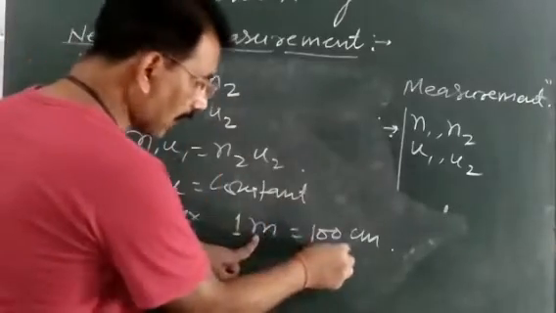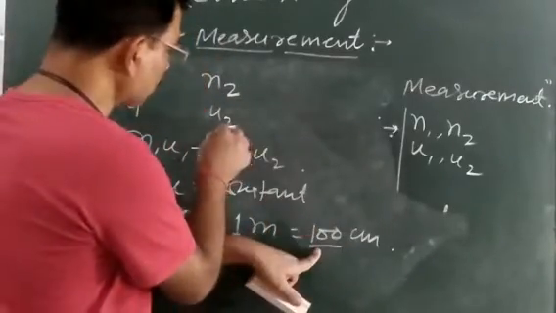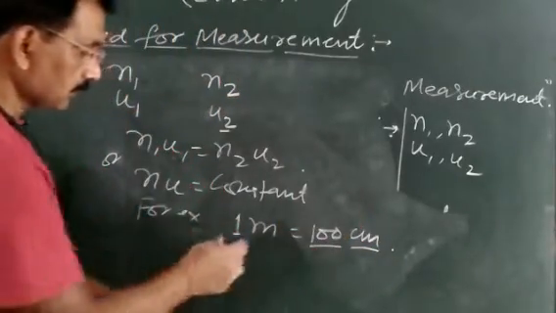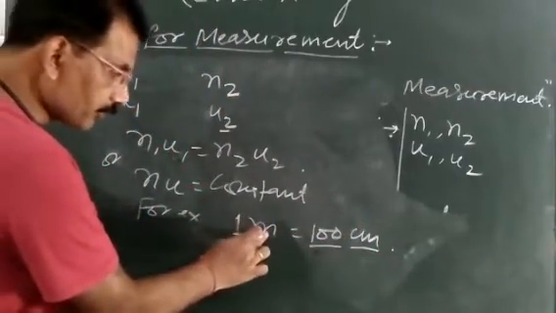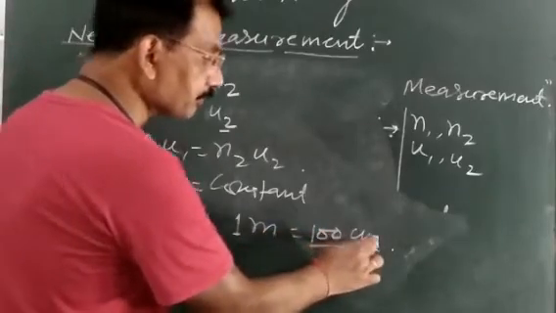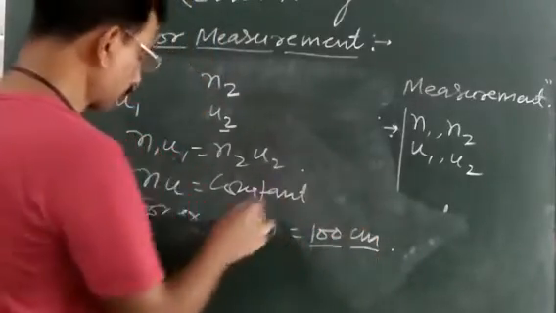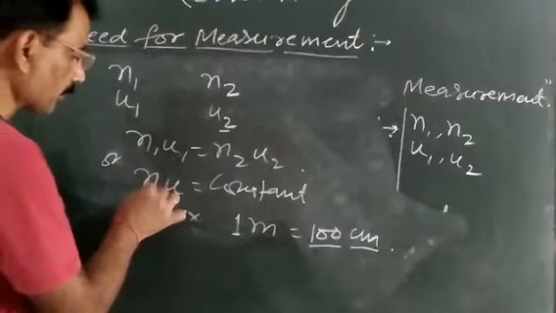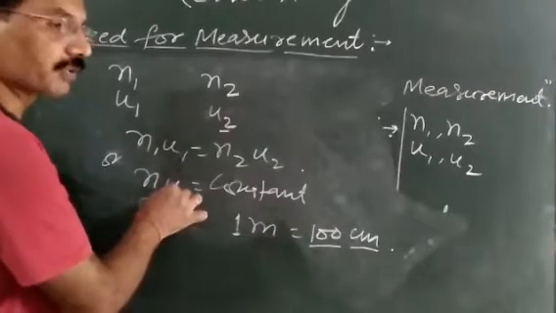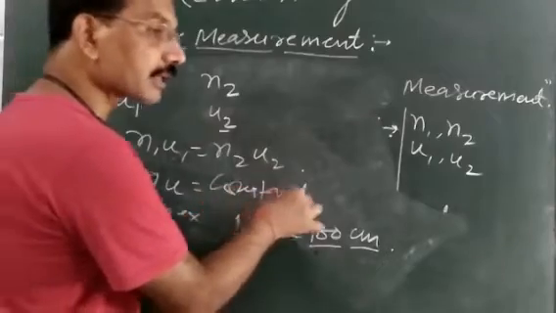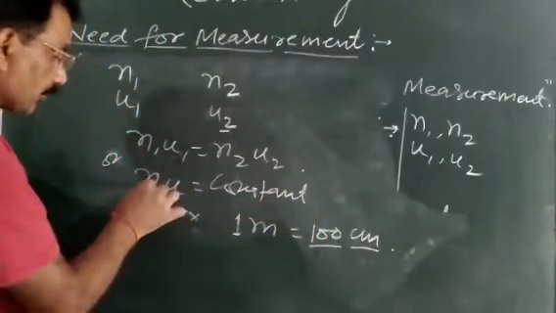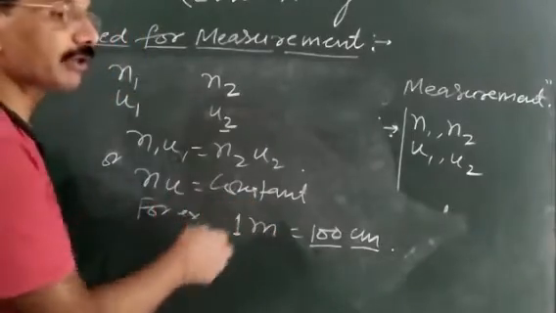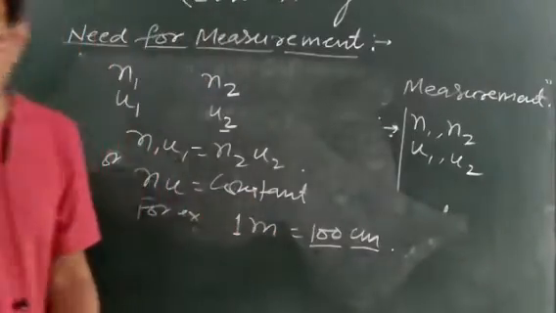And n2 is 100 and u2 is centimeter in the other system. So, n1 u1 is equal to n2 u2. Or you can say the product of numerical value and unit for a physical quantity is always constant. Or you can say the numerical value is inversely proportional to the unit of a physical quantity.